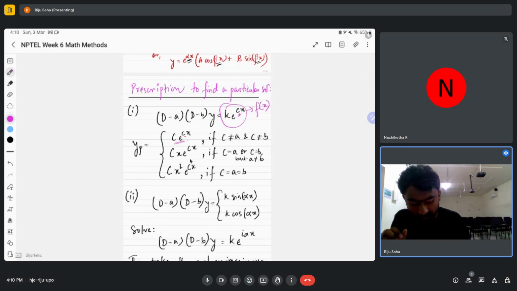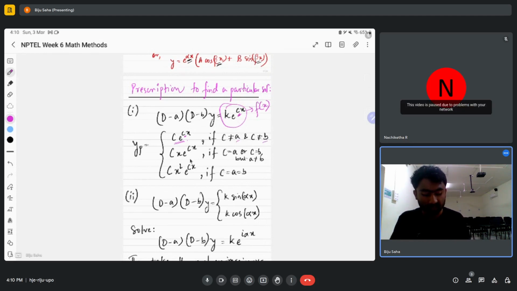This small c is something which you already know from the definition of this function f(x). So you just need to compare whether the roots of the auxiliary equation, that is a and b, are equal to c. If both of them are unequal to c, then the particular solution takes this form.